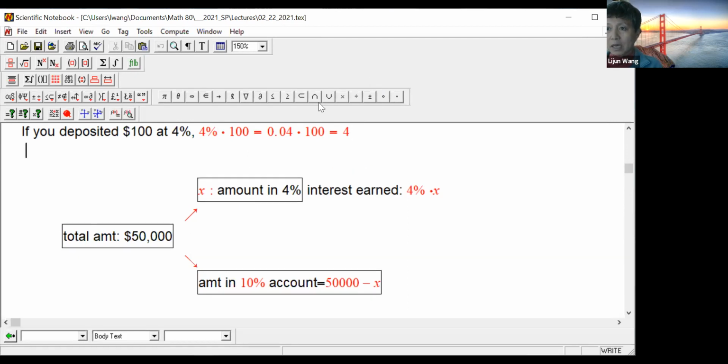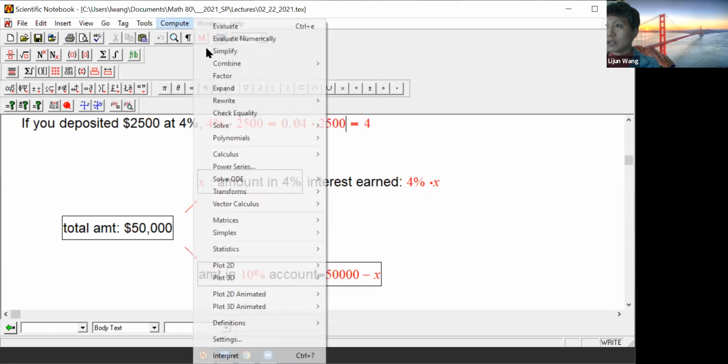But if someone else deposited not $100 but $2,500, what does the bank do to calculate? This number is going to be 2,500. So this makes a formula. Do you guys see that?